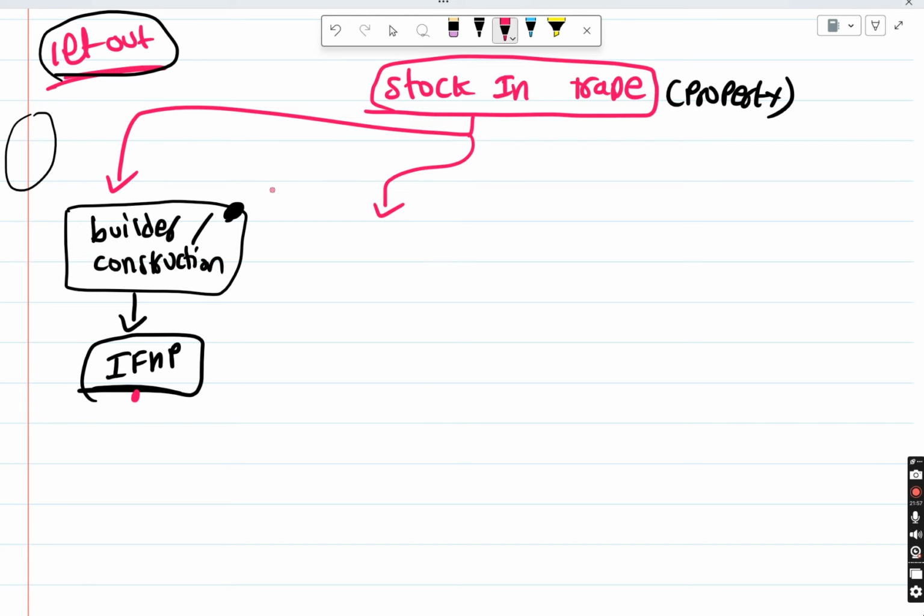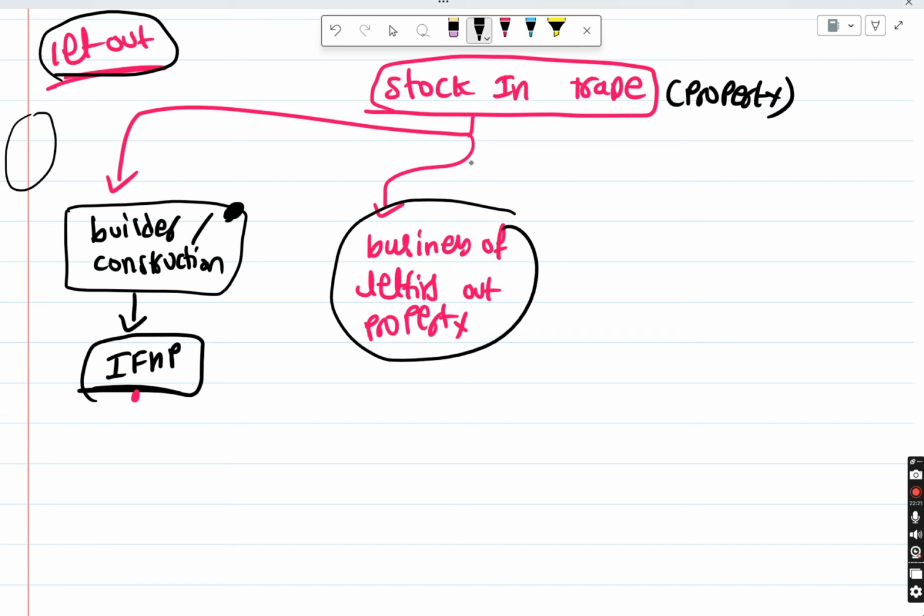Let's just say you are in the business of letting out properties. That means your main business is only to give buildings on rent to people and then earn rental income. That is your main business only. Then no problem.